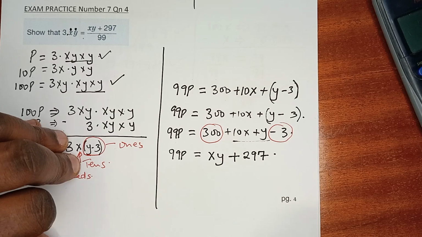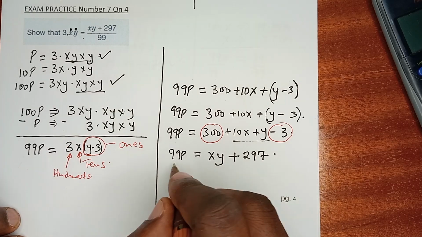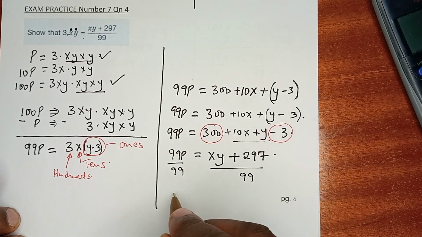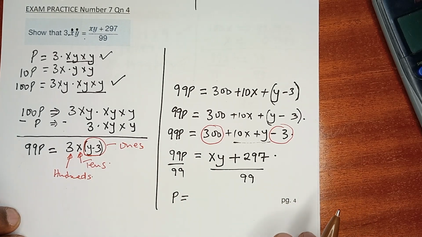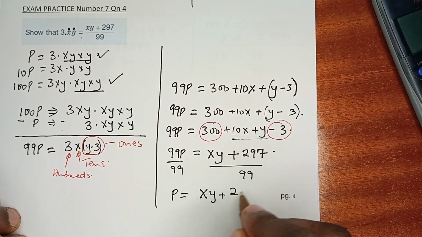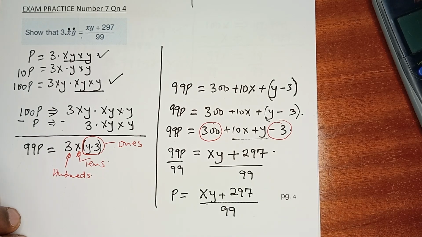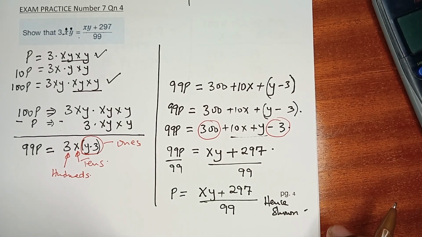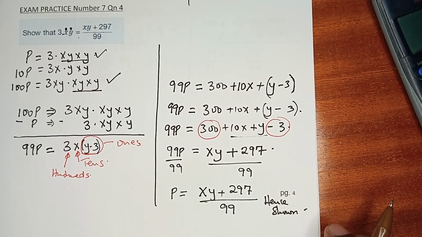At this point we divide both sides by 99, and our final answer is p equals xy plus 297 all over 99. And that is exactly what we were to show. Hence shown.